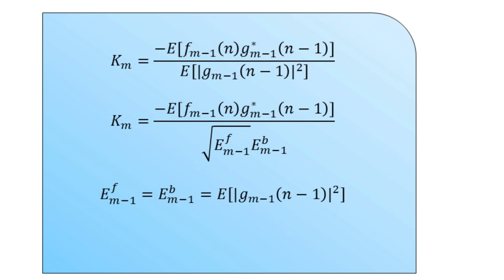Since it is clear from the earlier equation, the first equation of the reflection coefficient, that the magnitude of the reflection coefficient Km should always be less than or equal to 1, it follows that the minimum mean square error value of the prediction error is expressed recursively by the equation.